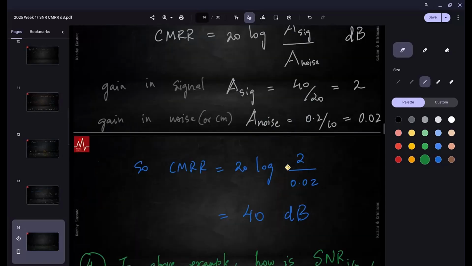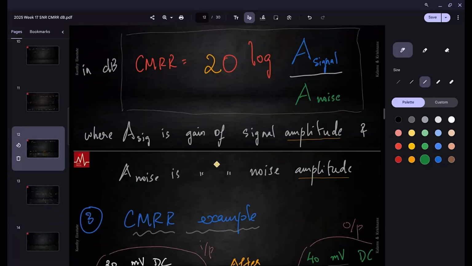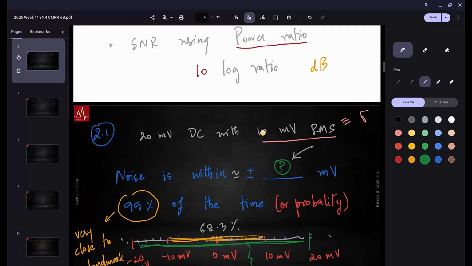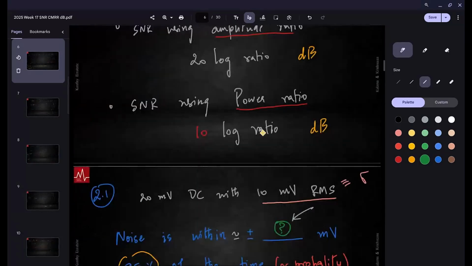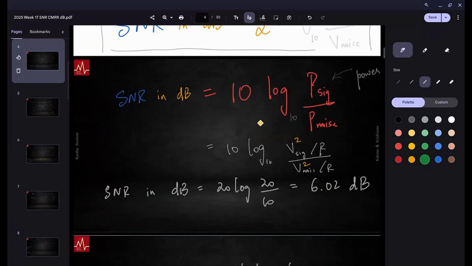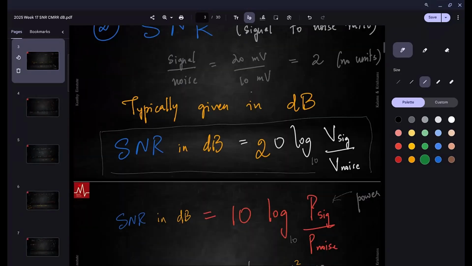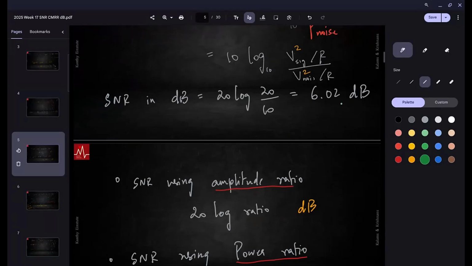So let's go ahead. So 20 millivolt, we found the SNR. SNR was 6, I suppose. For the input, V sig by V noise, 20 by 10, that happens to be 6 decibels.